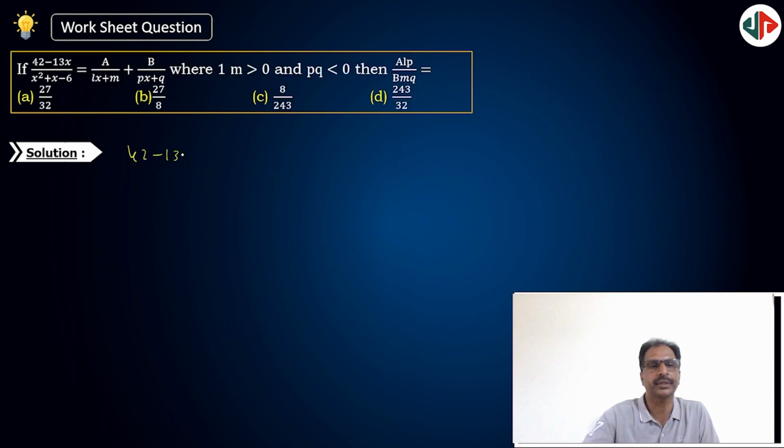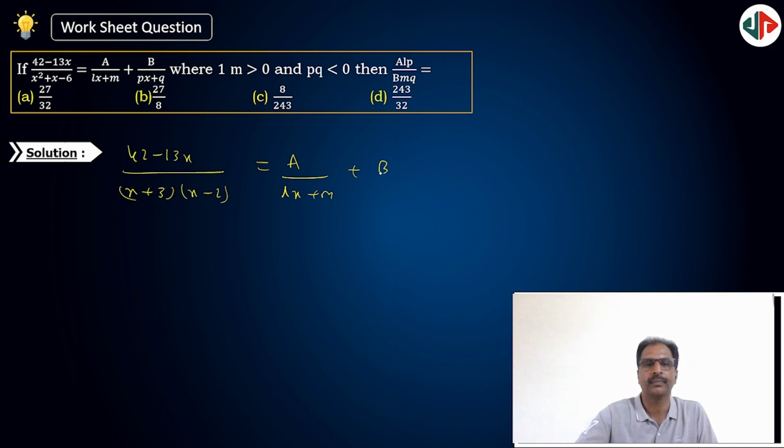42 minus 13x by, write factors for x square plus x minus 6. You will get (x plus 3) into (x minus 2). This is equal to A by (lx plus m) plus B by (px plus q), where l into m is positive.